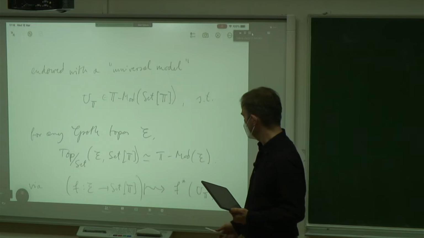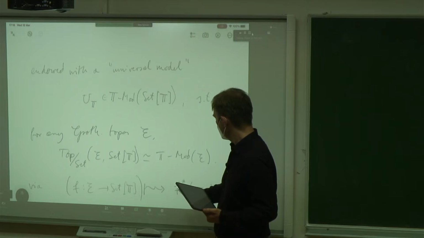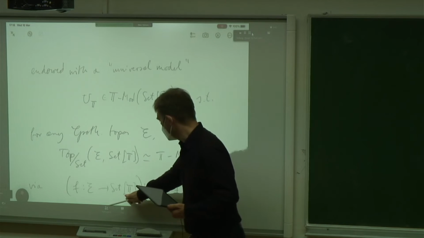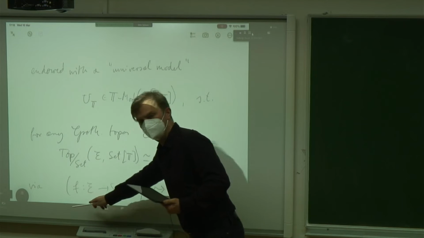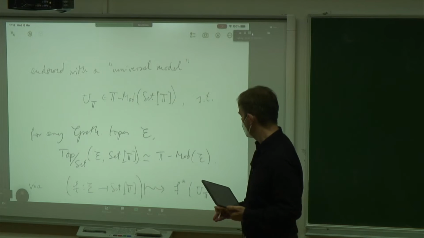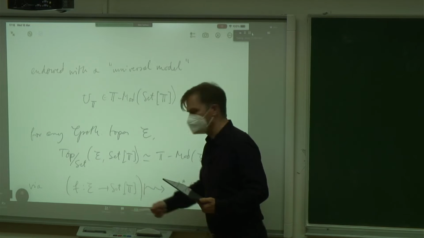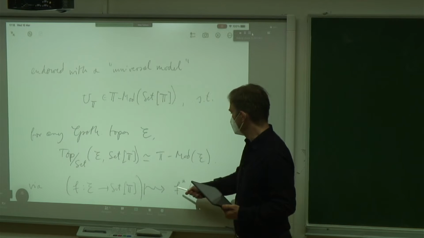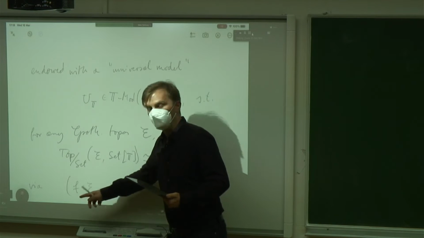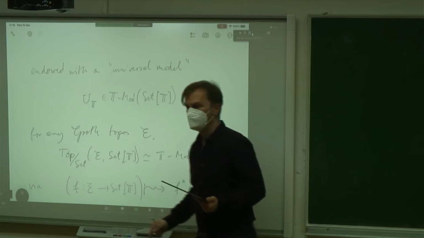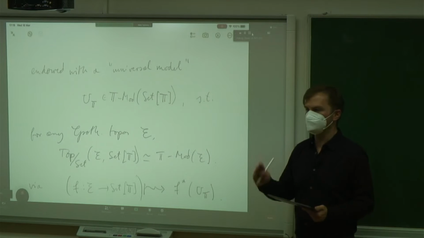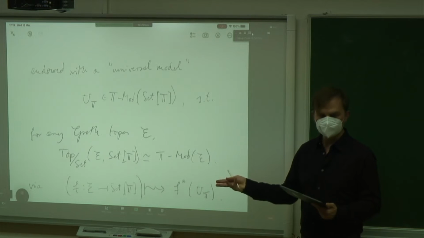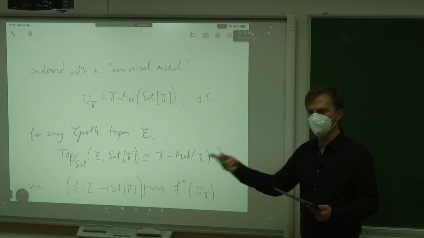That's correct because the inverse image goes from this category to here, and UT is a model here. When you pull it back, you get a structure in E, and because inverse image functors preserve models, you get a model in E.